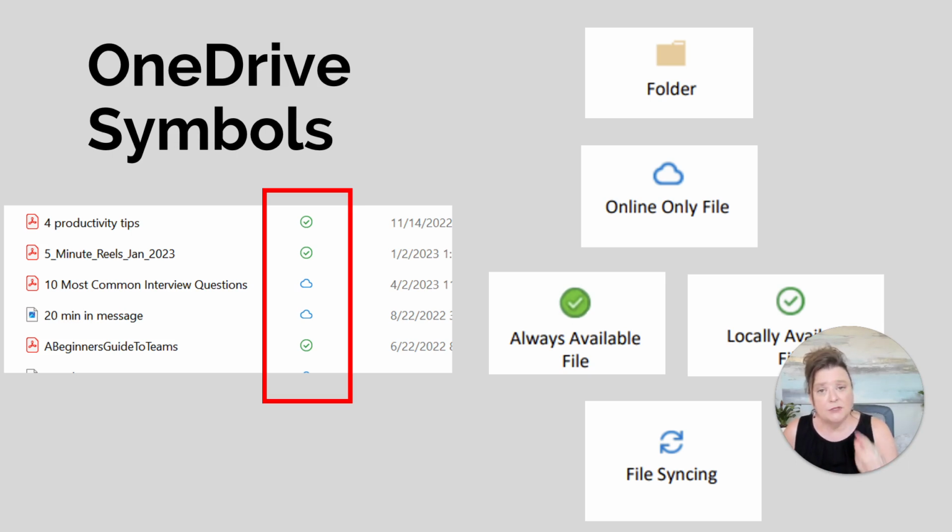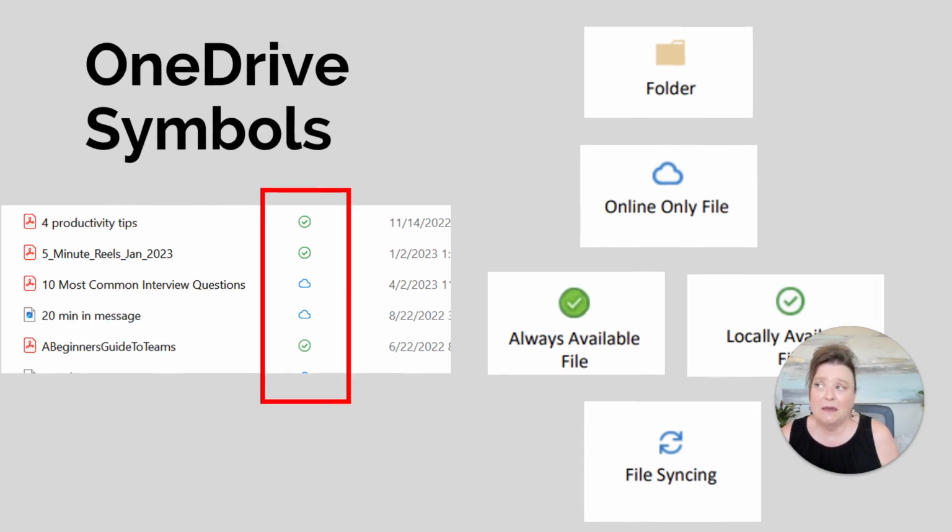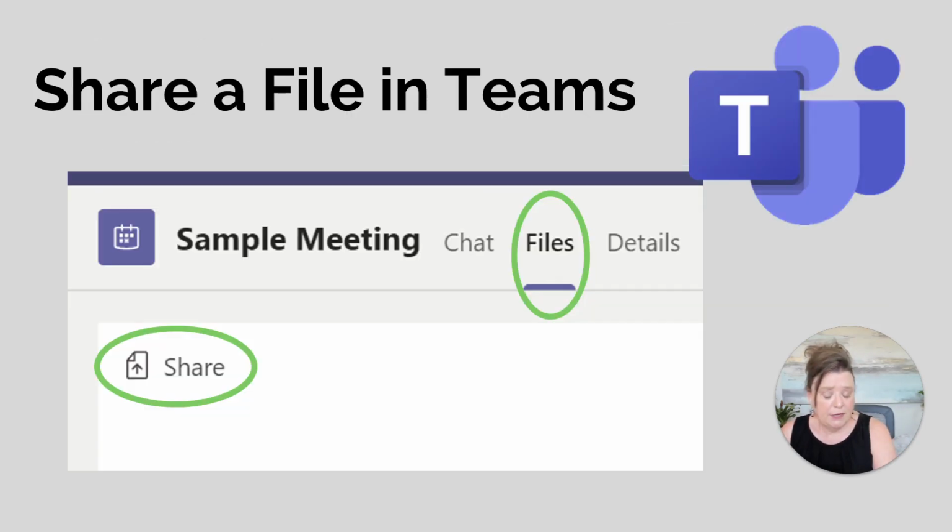You might also see the double circular arrows circling around, kind of like a recycling option. It is the file syncing. Here's a screen capture. Let's say you make a meeting in Teams. Maybe I'm going to do a training and I want to upload the handout file into the Teams meeting before we even begin.